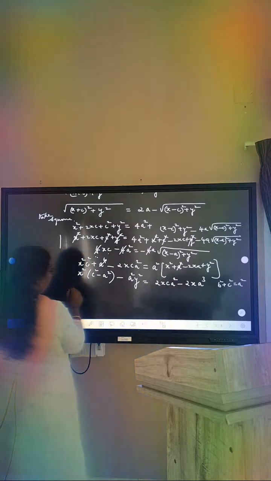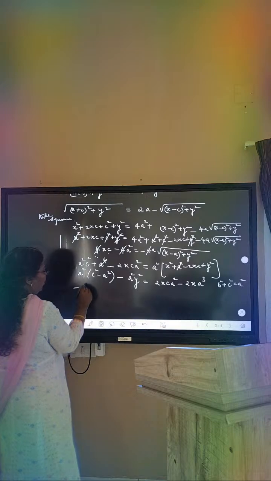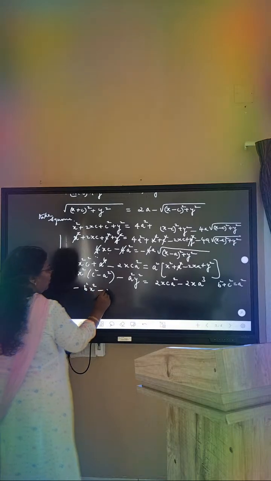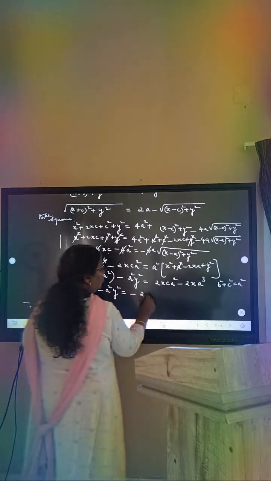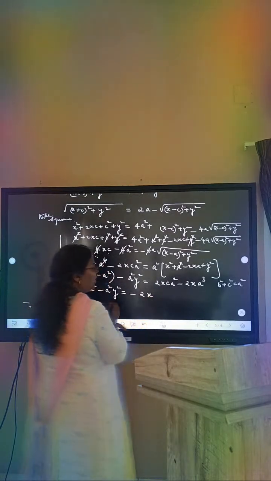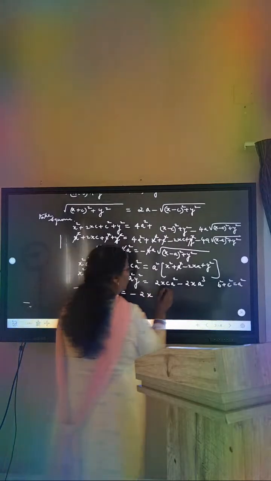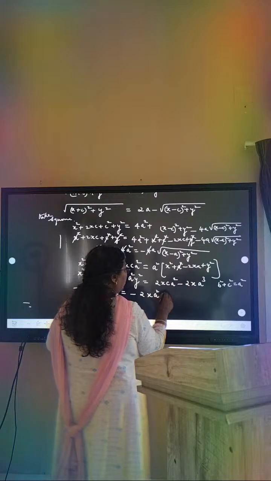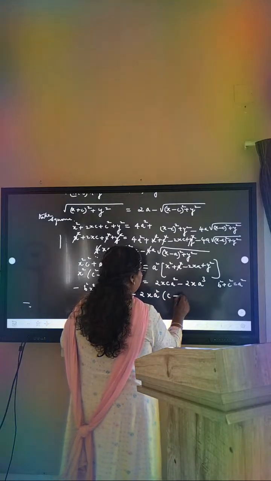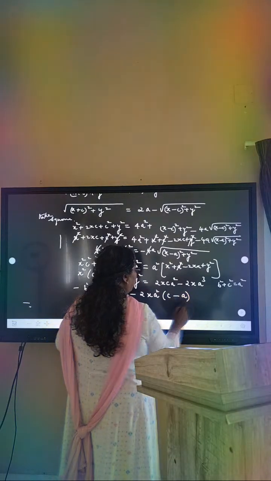So I can replace this by minus b square. So minus b square x square minus a square y square is equal to minus 2x, taking the common term a square out, times (c minus a).